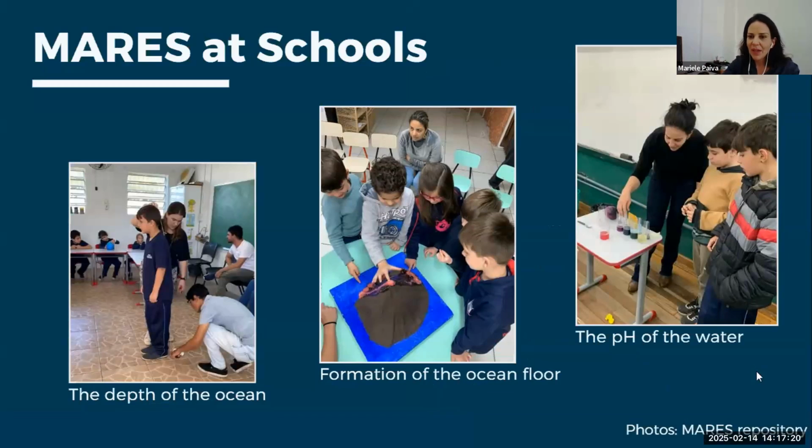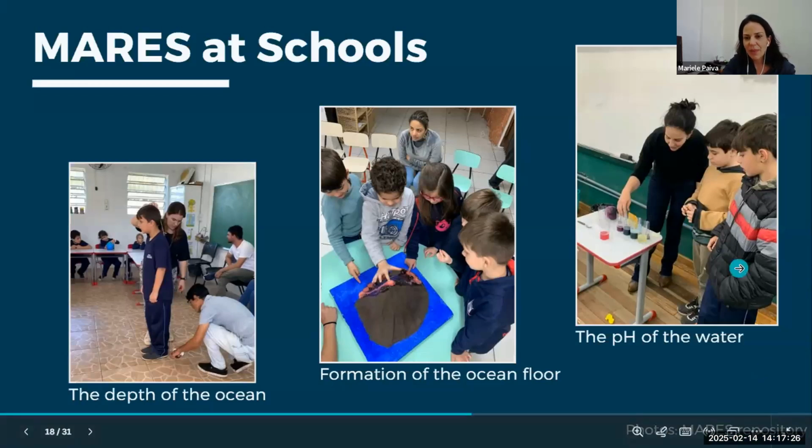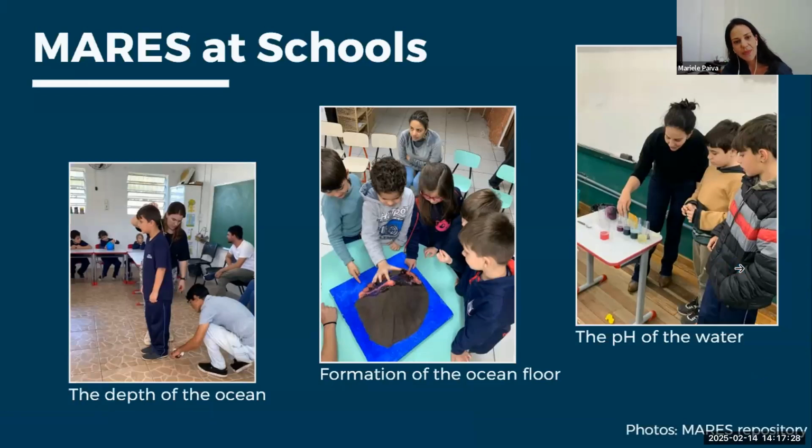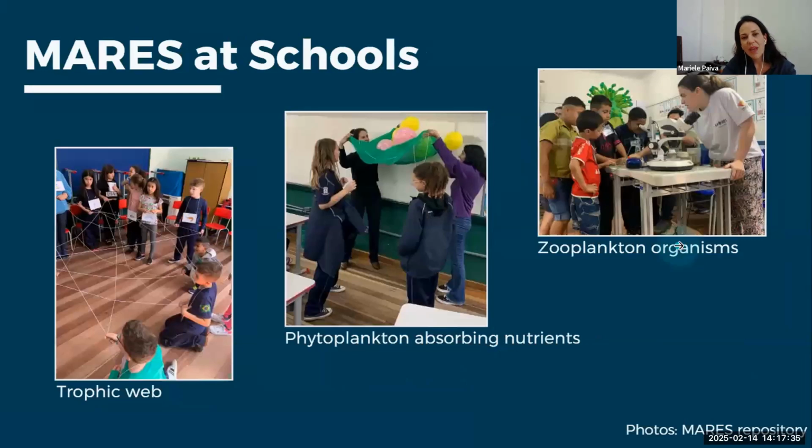For example, here, we were using red cabbage as an indicator of the pH to talk about the pH of the water. Or here, we were using balloons and a piece of fabric to talk about how phytoplankton absorbs the nutrients.